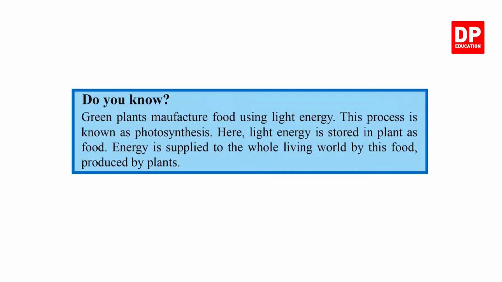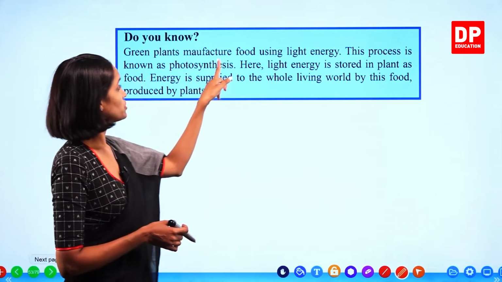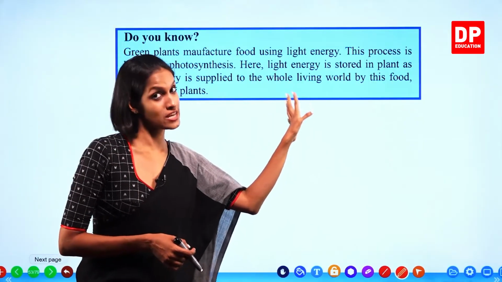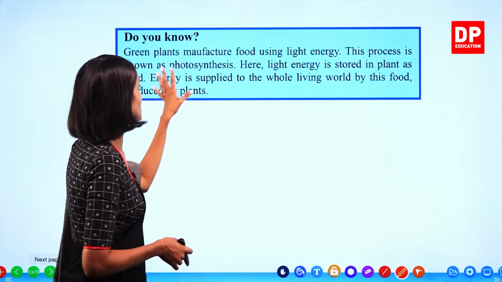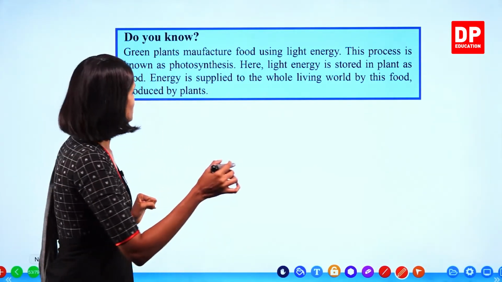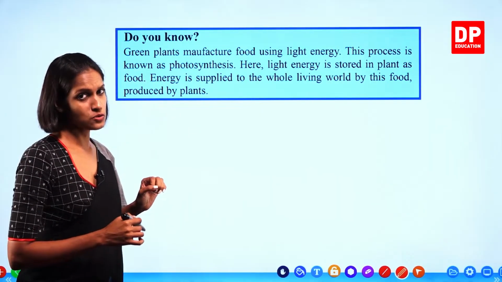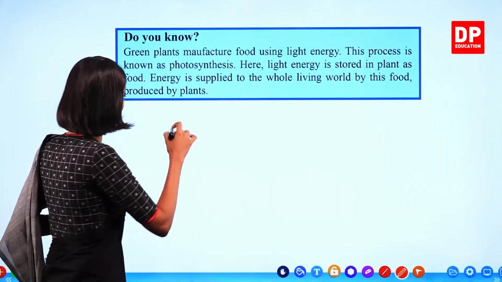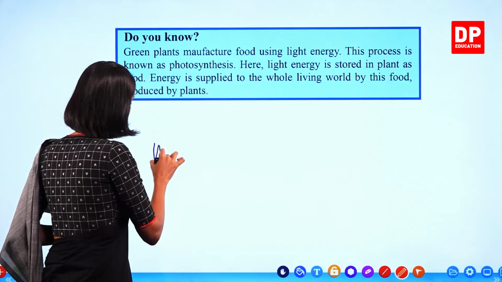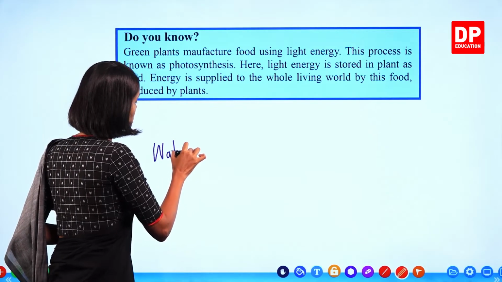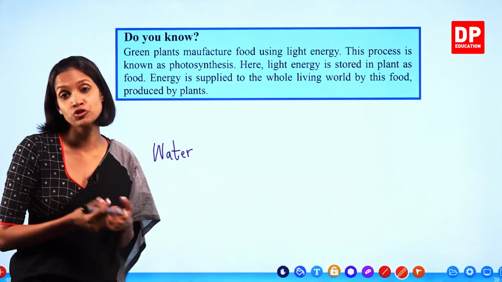Right. Extra knowledge part. Green plants manufacture food using light energy. Now, we already discussed the process. This is known as photosynthesis, right? This process is known as photosynthesis. So, what is the equation for photosynthesis, children? Do you remember we learned earlier? So when you consider the photosynthesis process, the soil water is absorbed by the plant roots.